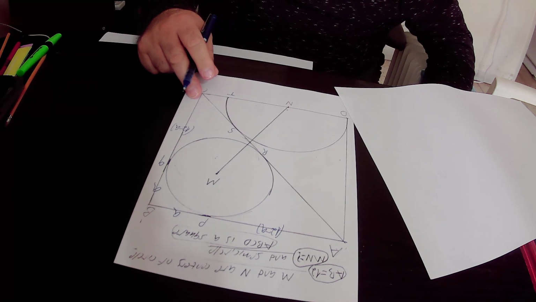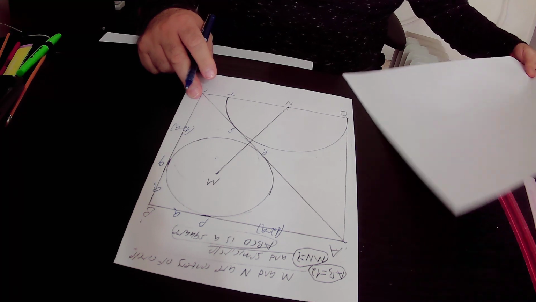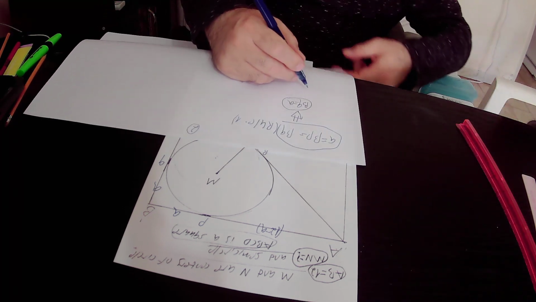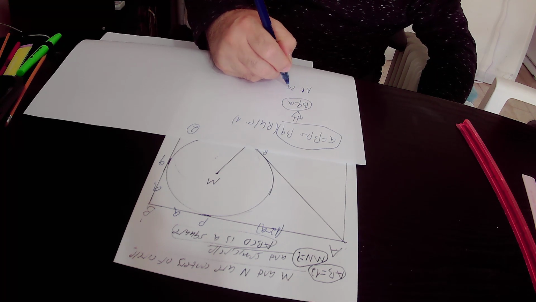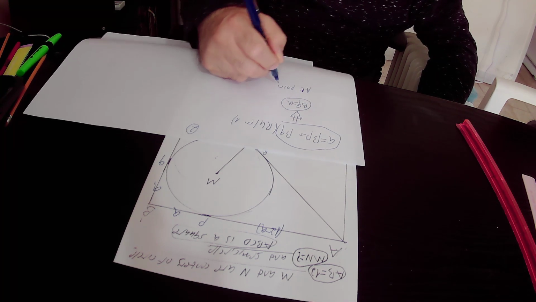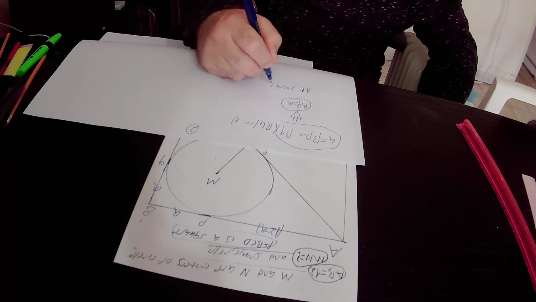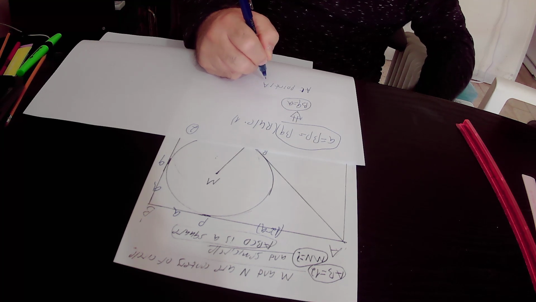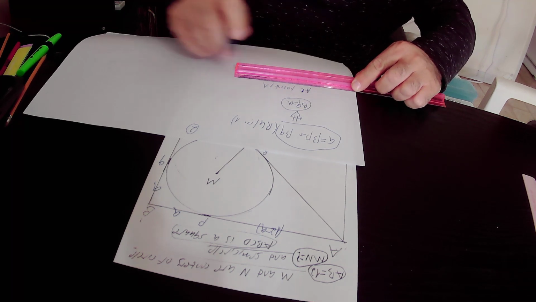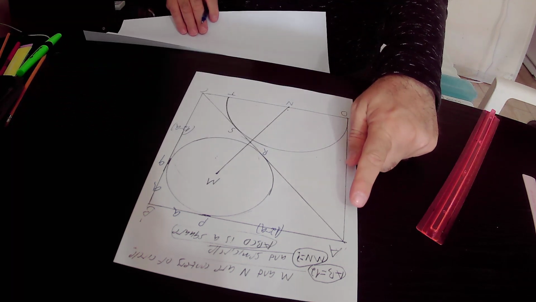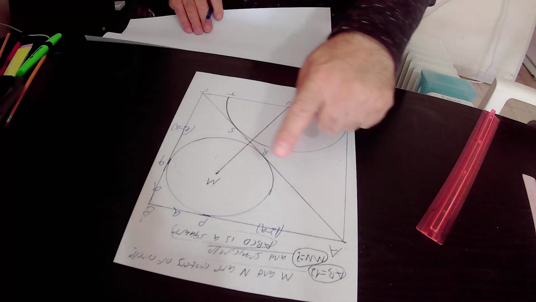And if we focus on the external point A, from the external point A we have two tangents to this circle.